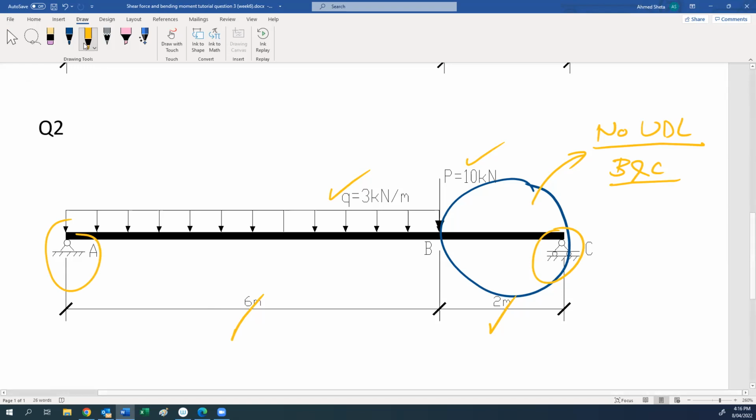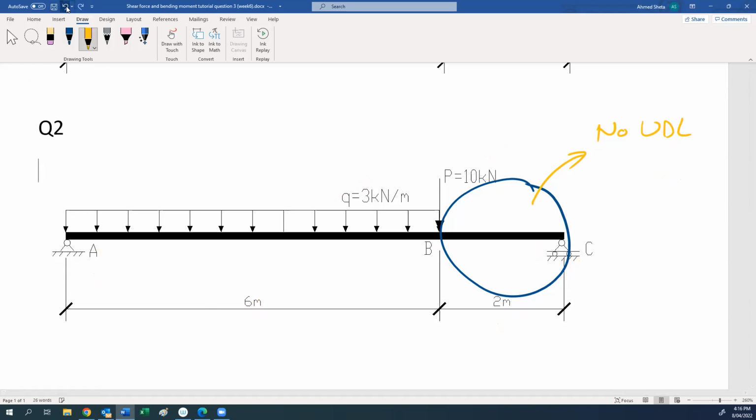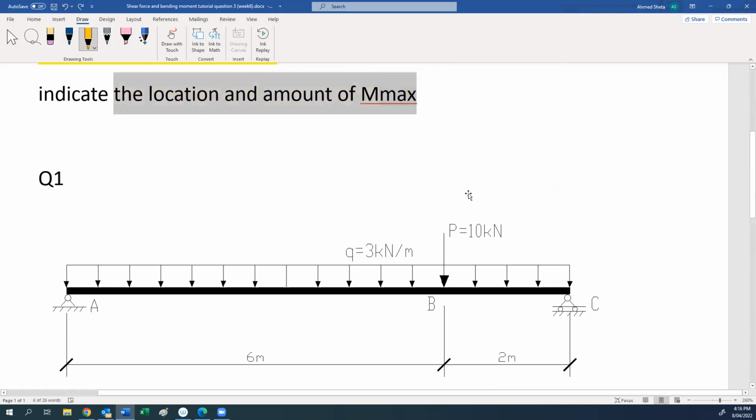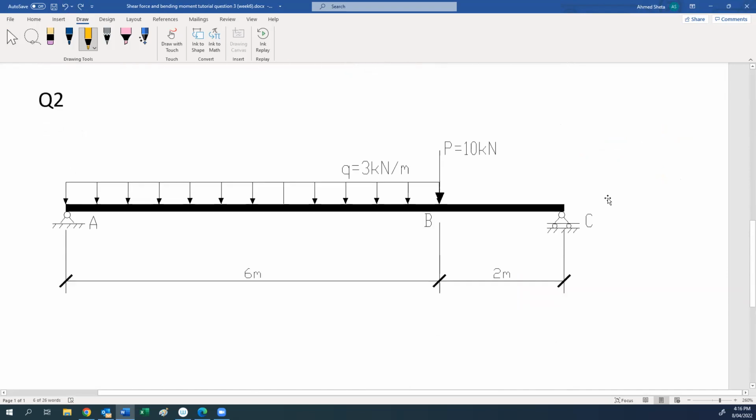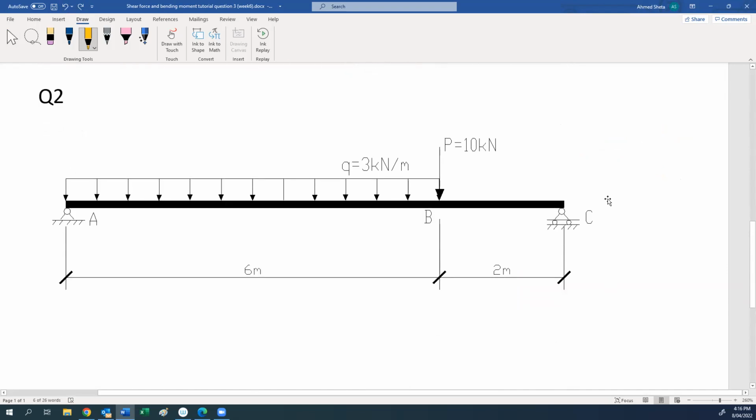So I will give you some time to try this one. We'll give you up to 4:30 to try this one. And as a tip from me, I will give you the value of the two reactions here to just make it shorter for you, so you don't have to calculate the reaction. So this value of the load here is 18 kilonewton.